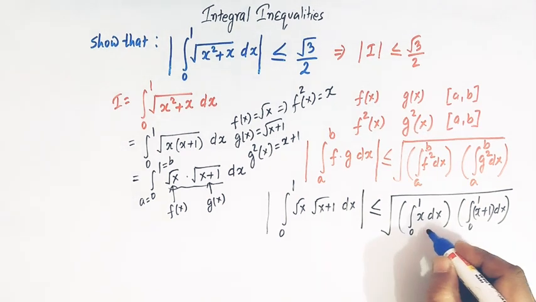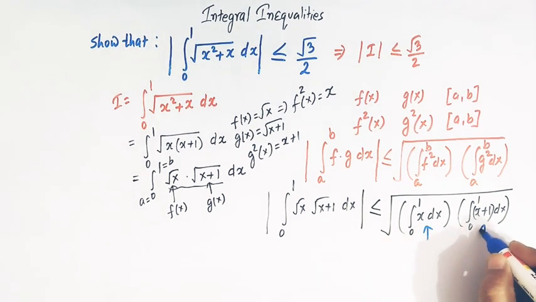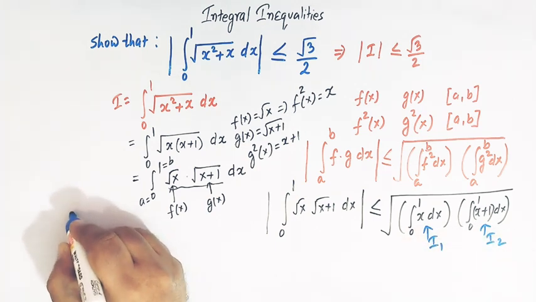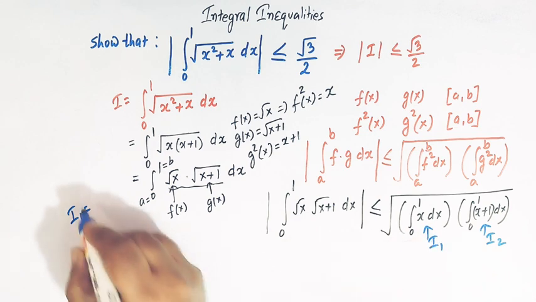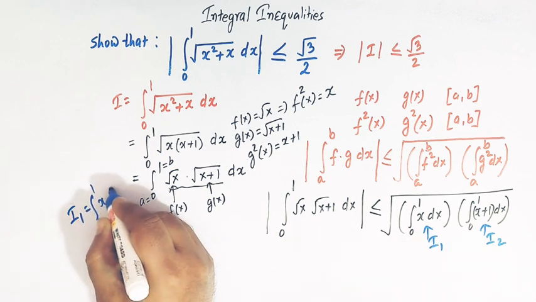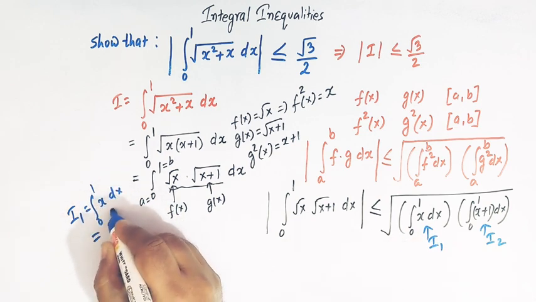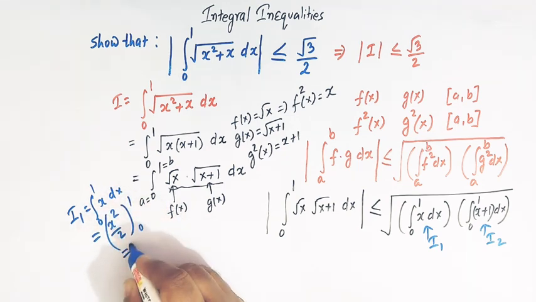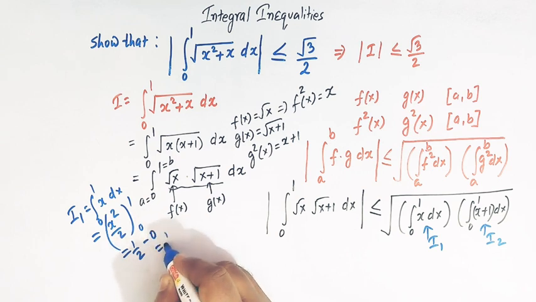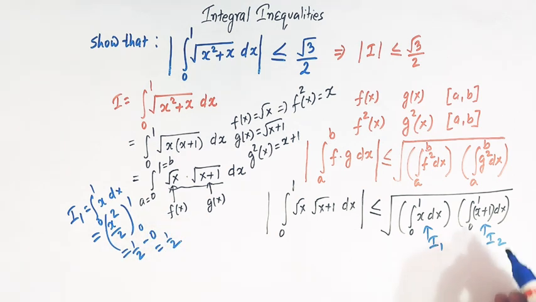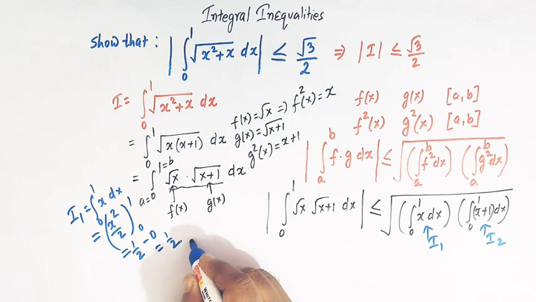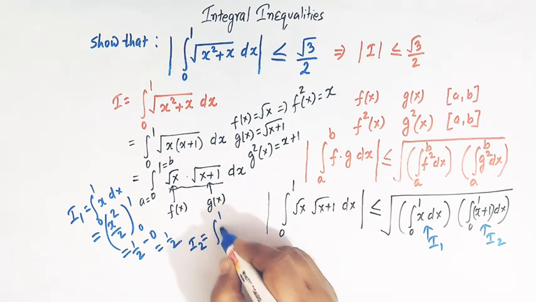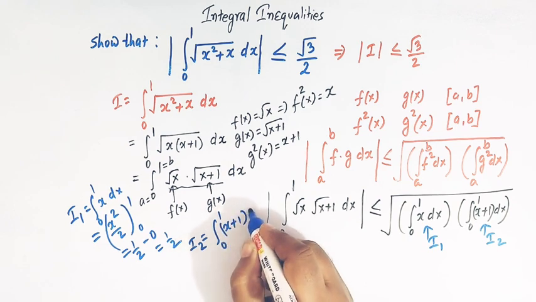Now let us separately calculate these two integrals. Let us call them I1 and I2. I1 is the integral from 0 to 1 of x dx. This is x square over 2 with limits from 0 to 1. So we have half minus 0, that is equal to half, right? And I2 is also a simple integral: the integral from 0 to 1 of x plus 1 dx.